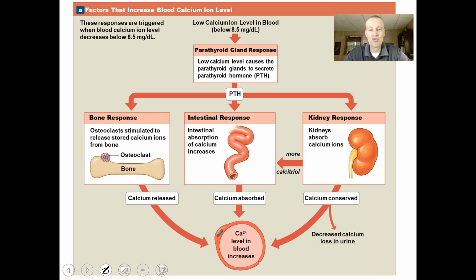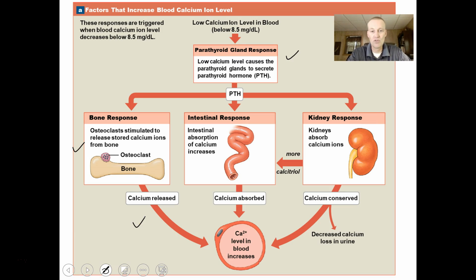Okay, so this is just a graphic showing you parathyroid hormone and what it's doing. Parathyroid hormone is going to be stimulated by low calcium levels in the blood, and the parathyroid glands will release this hormone into the bloodstream. It does cause osteoclasts to be stimulated, thus releasing calcium into the bloodstream as it digests the bone away.